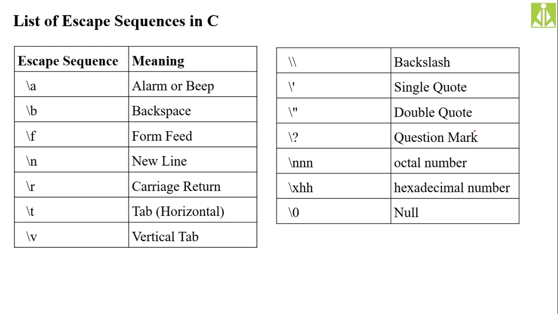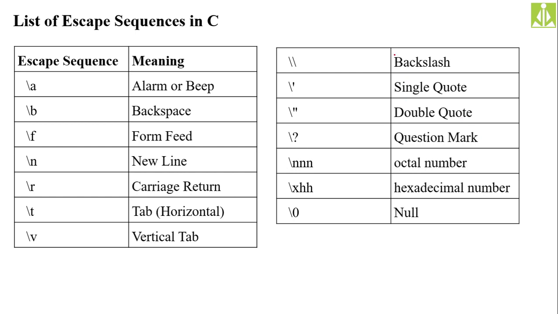See, backslash a: when you use this in the program, and if you have a basic speaker connected to your computer, it will give an alarming sound, a beep sound. When a particular statement got executed, you reached a particular statement, in order to understand that, you can put this alarm sound or beep sound. To put that beep sound into your instruction, you simply put backslash a.